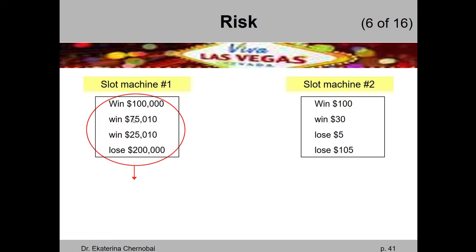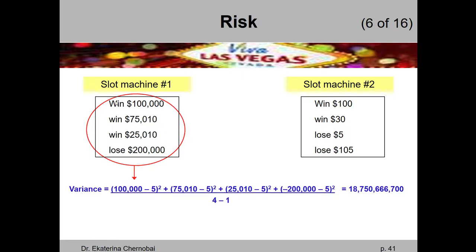Let's look at machine number 1. We calculate the distance from $5 for each of the possible outcomes. So 100,000 minus 5. And we want to add up those distances from the $5 average and find their average, the average distance from the $5 average.